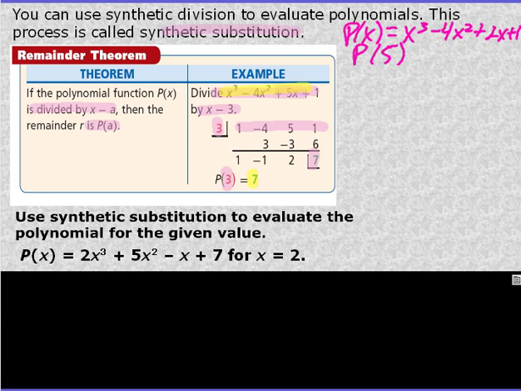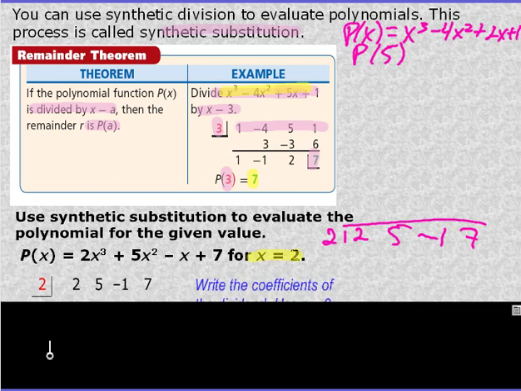They're telling us 2 is here. And then we're going to put in our coefficients of our polynomial, 2, 5, -1, and 7. So again, we don't have to find a. They essentially give it to you. And now we're going to do our synthetic division.